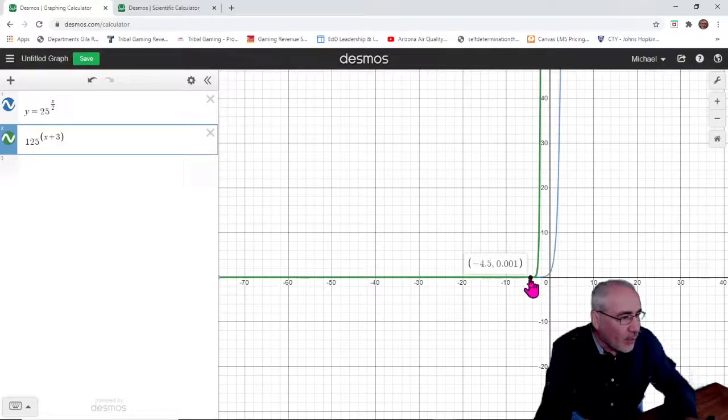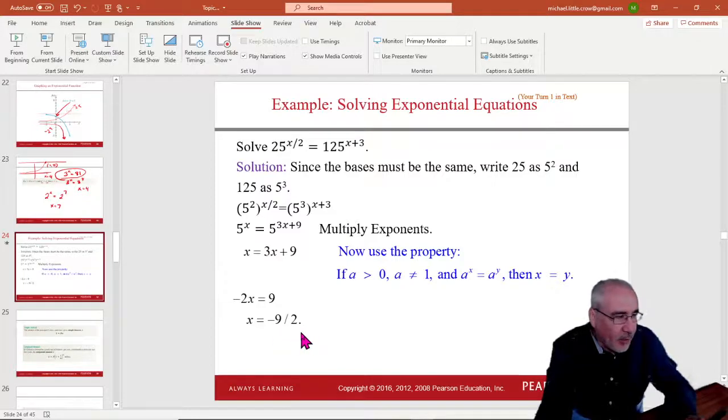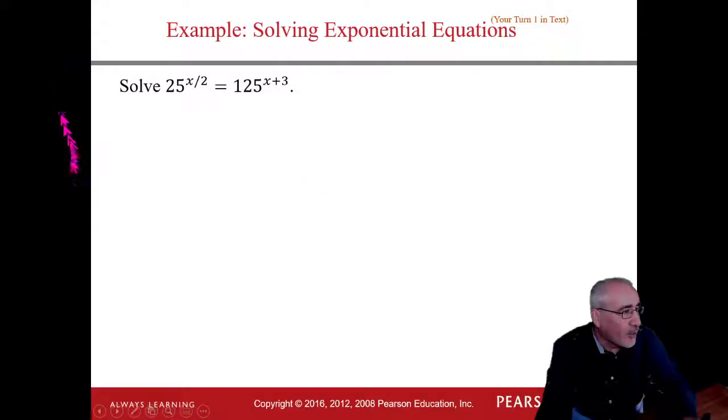There are also some y-intercepts, but that's the intersection point, negative 4.5. So remember that number, negative 4.5, and we'll see 9 divided by 2 is 4.5. Okay, so we'll go back to the slideshow.